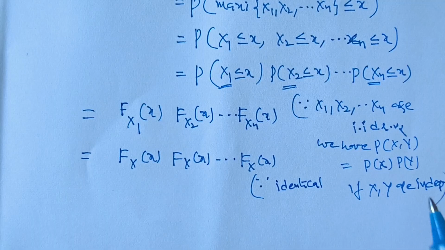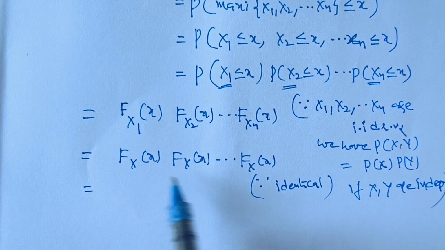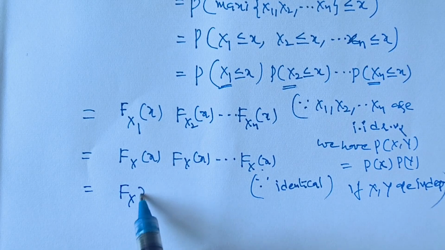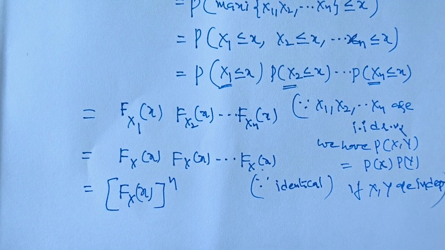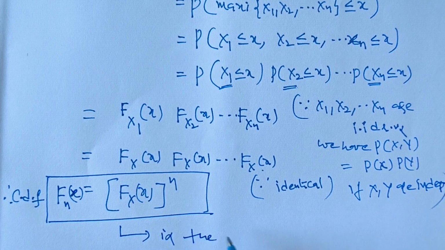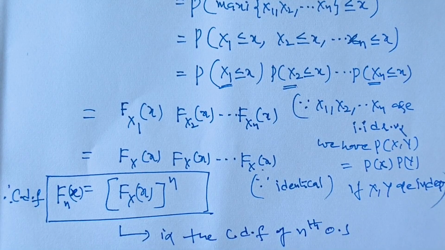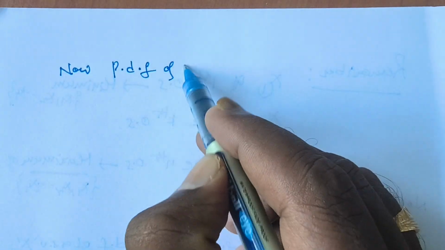So all are identical here because the random variables are IID RVs. That's why all are equal to one CDF, that is F suffix X of x. This is the product of n terms, so F suffix X of small x whole power n. This is the CDF. This CDF is the nth order statistics CDF.